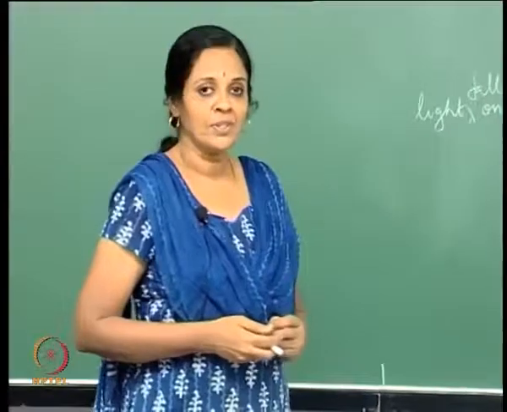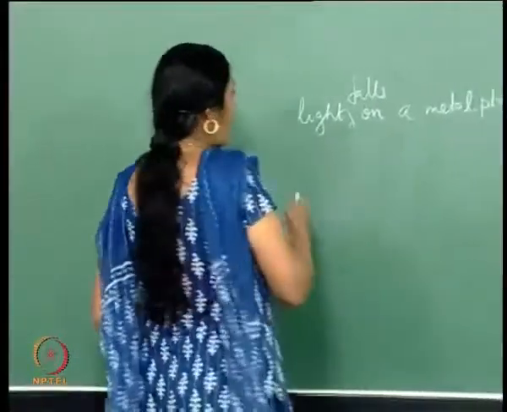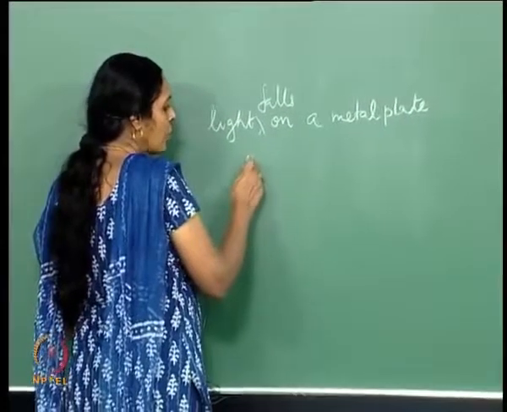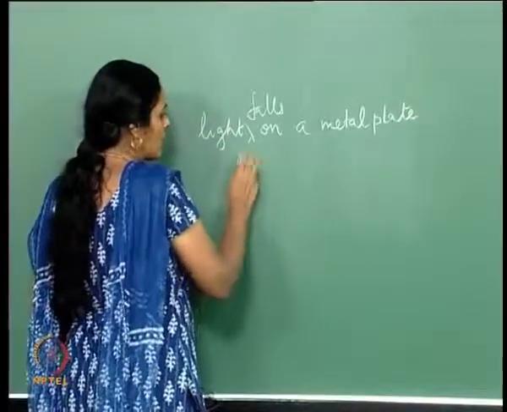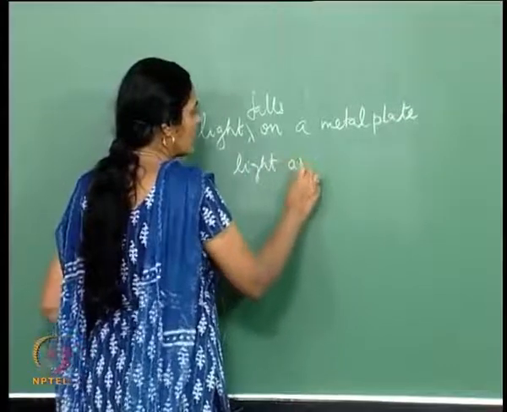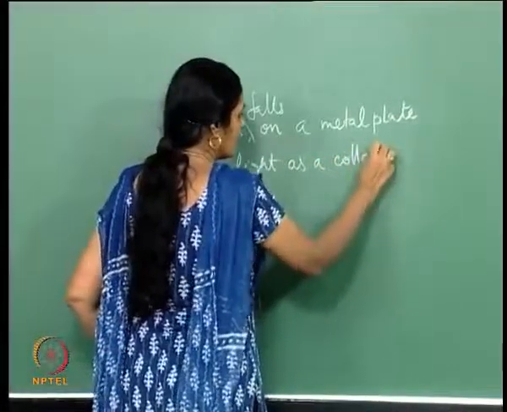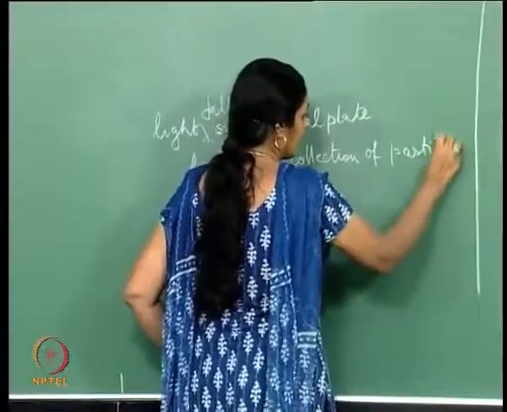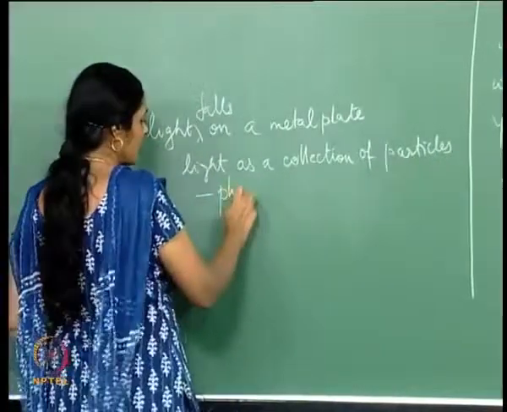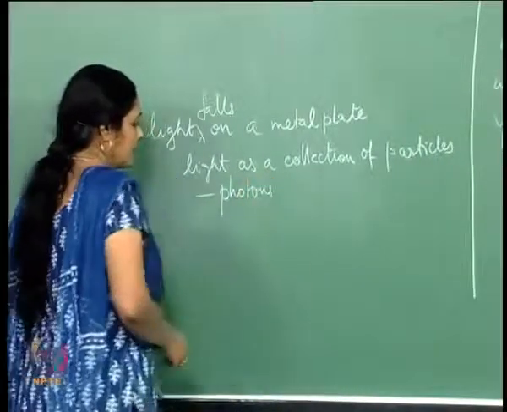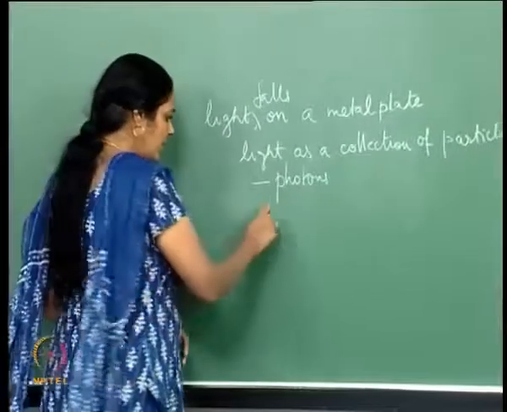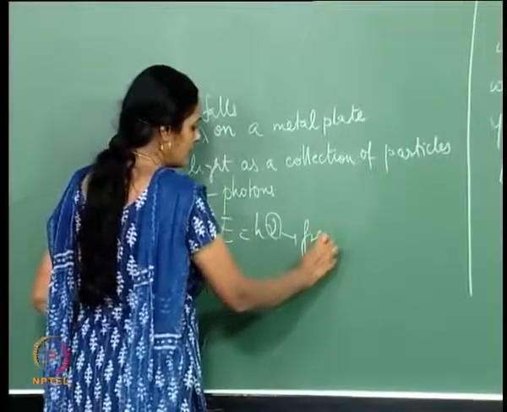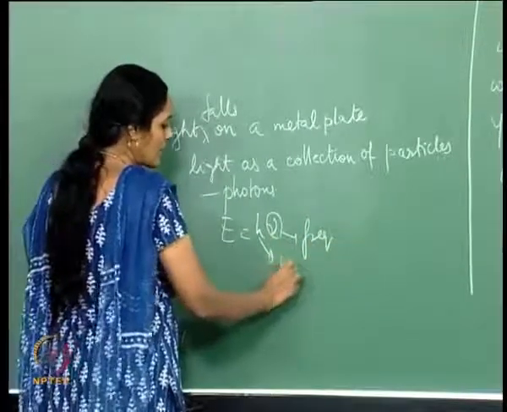But that is not what happens. And what happens can be explained only on the basis of the corpuscular theory. In other words, you treat light as a collection of particles, namely photons, each one with energy given by h nu, where nu is the frequency of the light and h is Planck's constant.